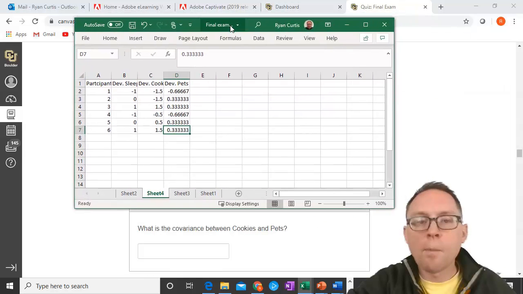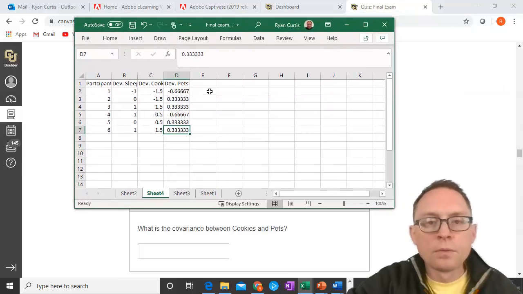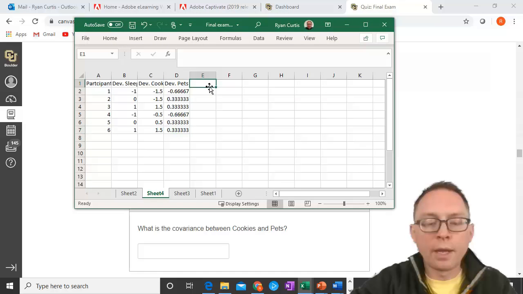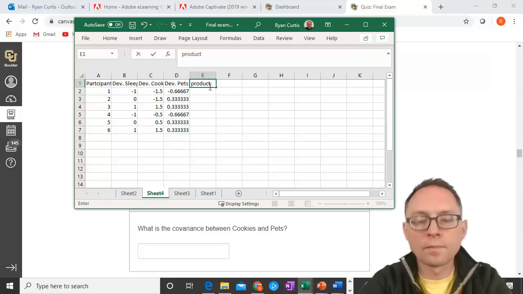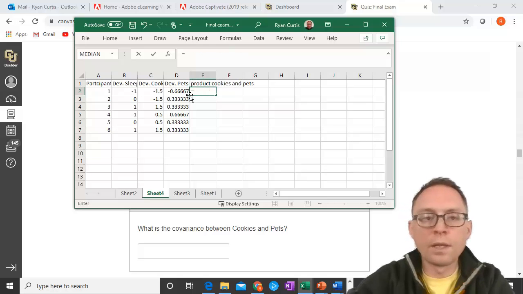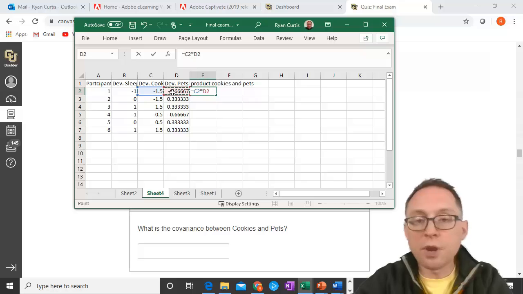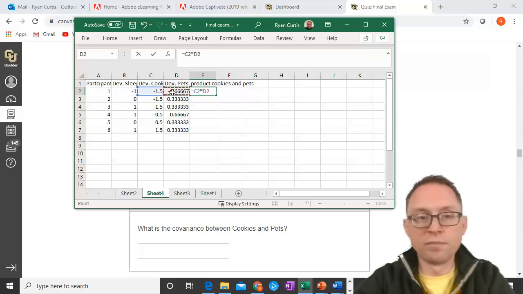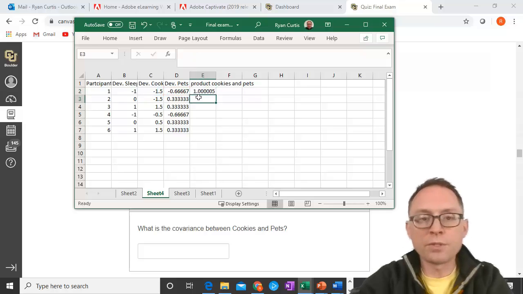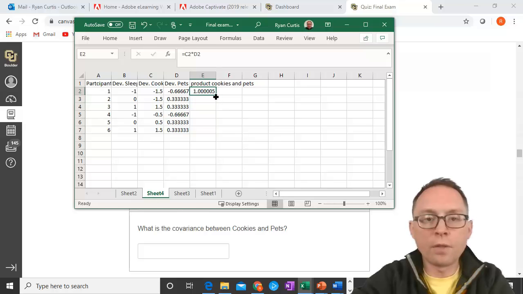Cookies and pets. So I need to multiply the deviations. I need to multiply cookies times pets. Now, since these are already deviations, I don't have to mess with creating the deviations. I just multiply this together, and I do it for all of them. Okay? Then I'm going to add them up.